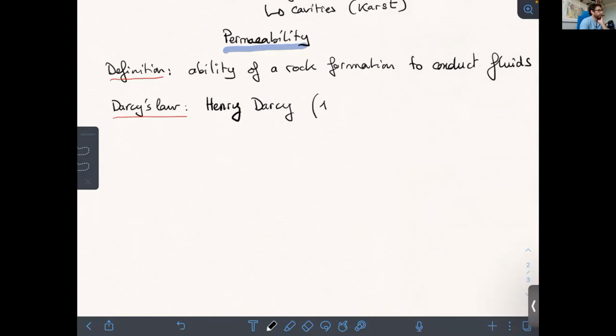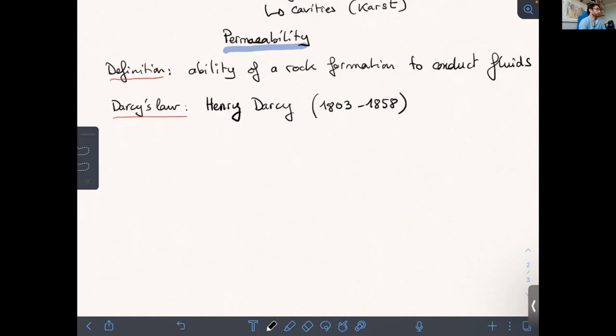So it was a French engineer from a long time ago, born in 1803 and died in 1858. He was trying to solve the problems of water in the city of Dijon in the east of France. And to that, he wanted to be able to predict the flow of water into filters and different types of fountains.